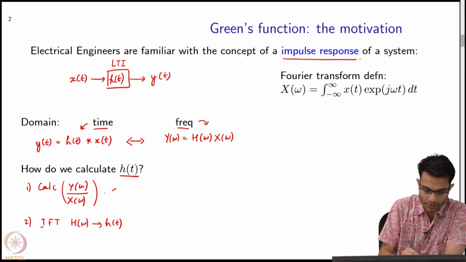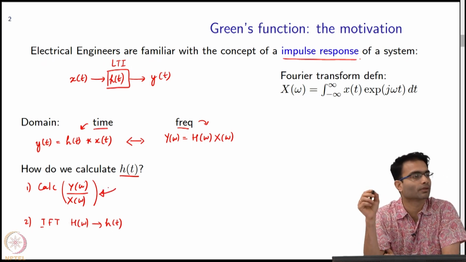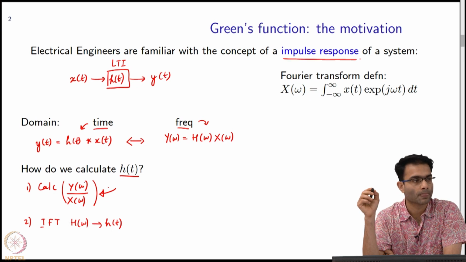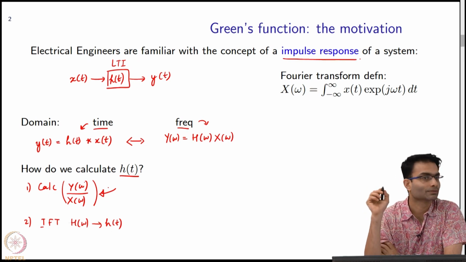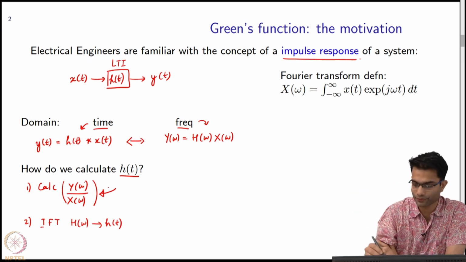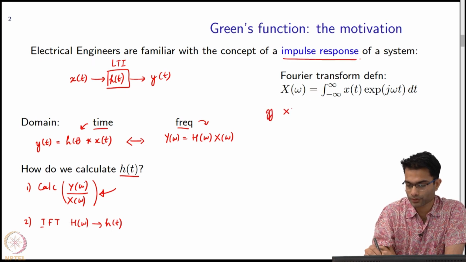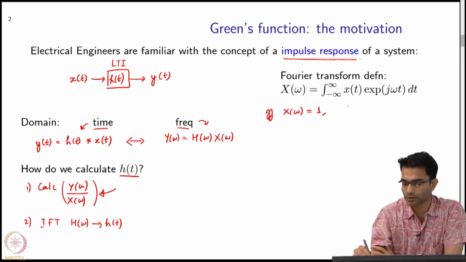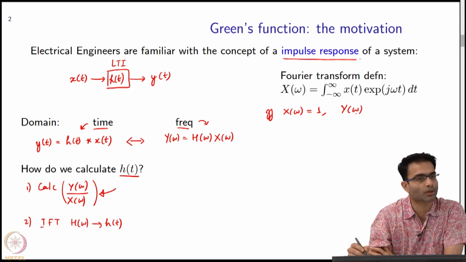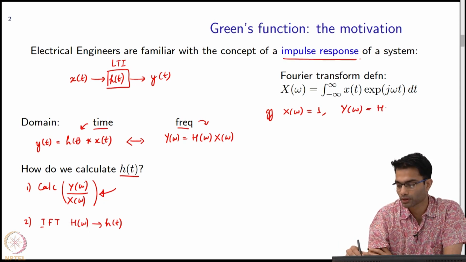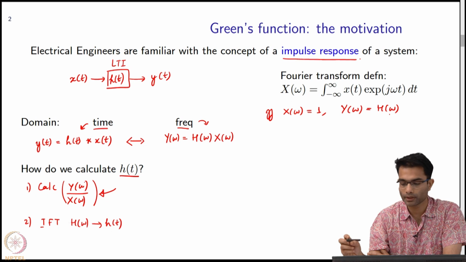So, looking at this equation, what is the simplest X(omega) you can think of? Delta function? Simplest X(omega)? 1, right. So, if X(omega) is equal to 1, then whatever I get from the system output is itself going to be equal to H(omega).